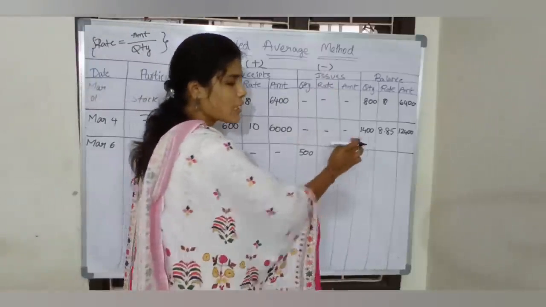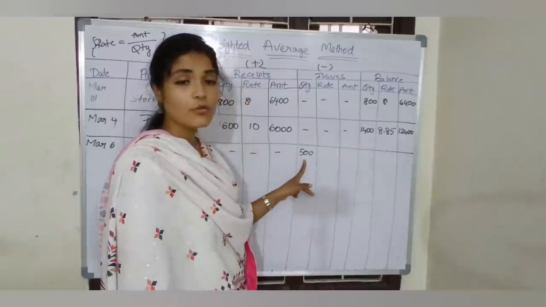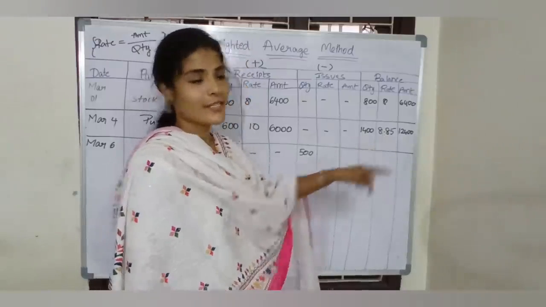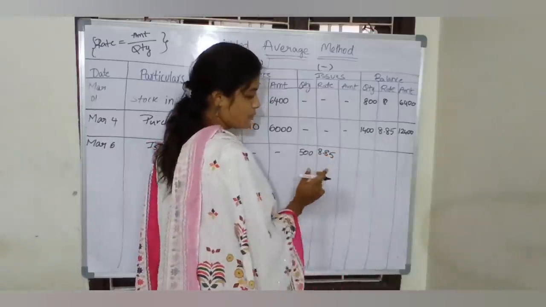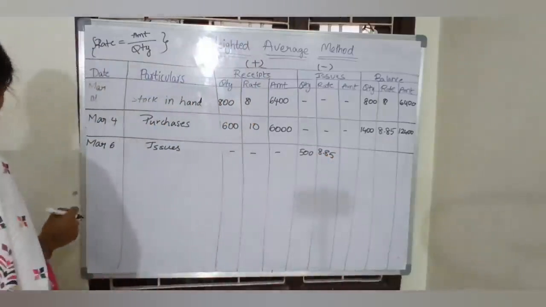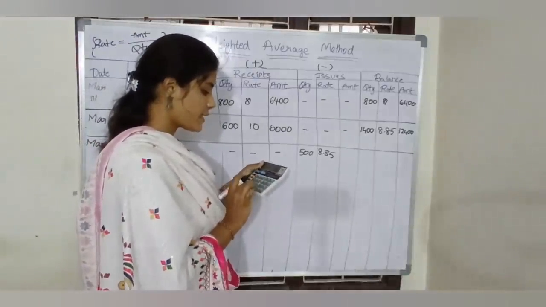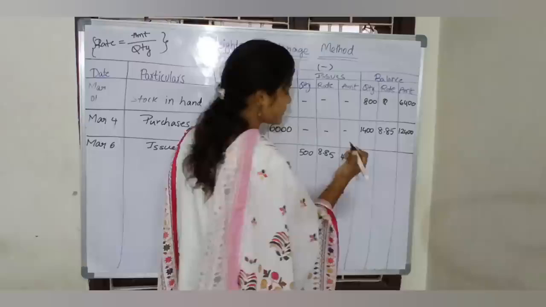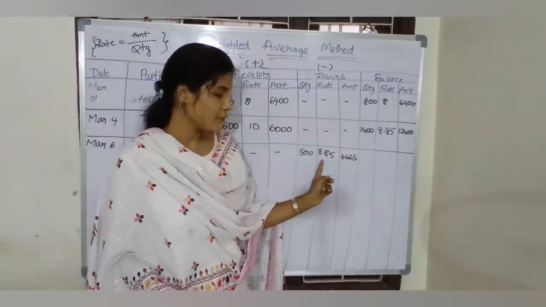So in your godown there are 1400 units, and out of that you want 500. What is the rate you are having here? 8.85. This rate you simply need to use here. So 500 into 8.85 is 4425. Understood? The rate is already there, and that rate only we need to use.